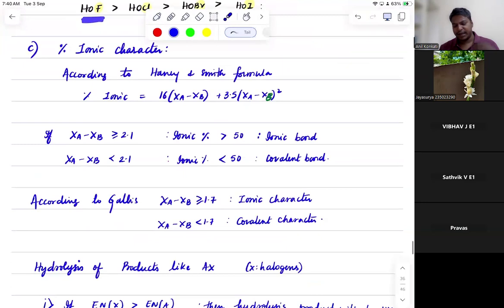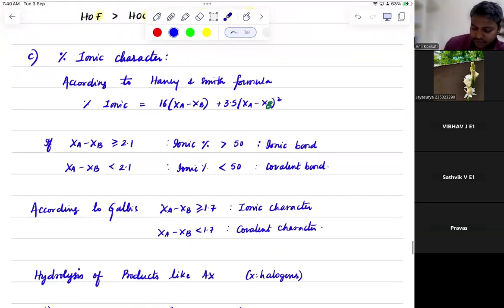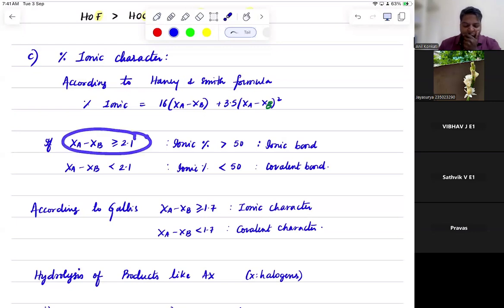Next, notice ionic character. According to Hannay and Smith, we can directly find the percentage ionic character using this formula: 16 times the electronegativity difference plus 3.5 times the electronegativity difference whole squared. If the difference is greater than 2.1, we say it is ionic character; if it is less than 2.1, we call it covalent character.